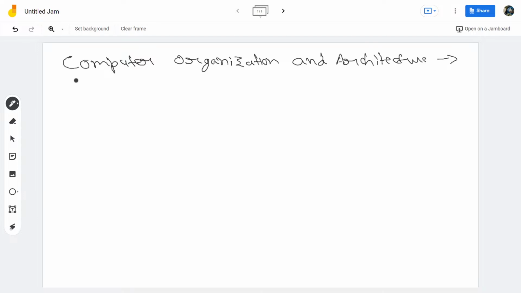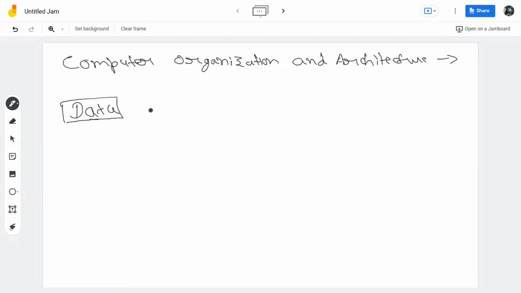So let's understand what a computer basically is. A computer, as we all know, is a device which processes the input and gives our desired output. So basically, it is a processing device. We give data. So what is data?